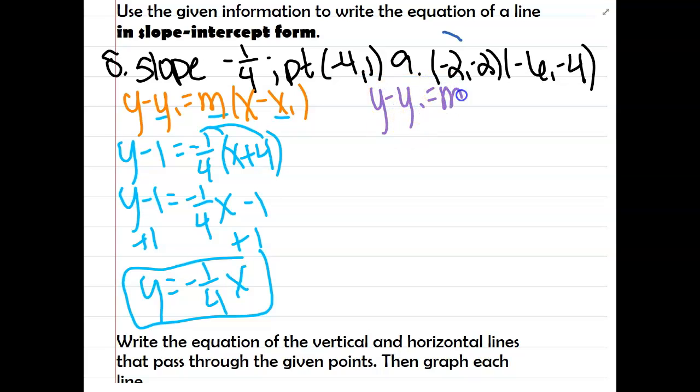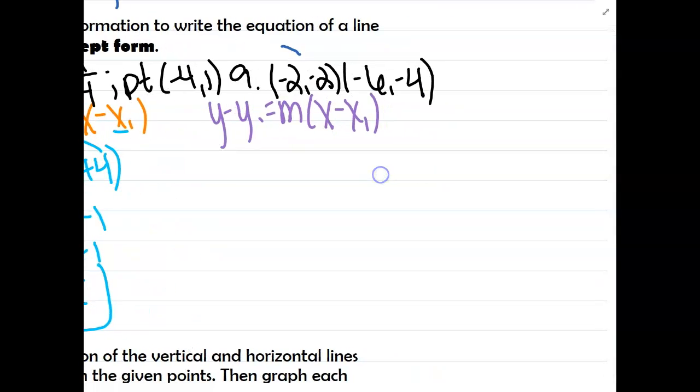Y minus y1 equals m times x minus x1. Now remember though, I need y1, m, and x1. This time I don't have that slope. So the first thing I have to do here is find that slope. And this is where I do change in y over change in x.